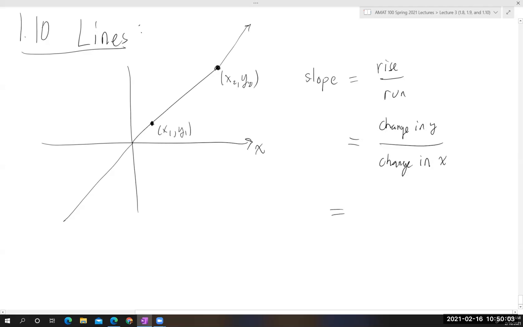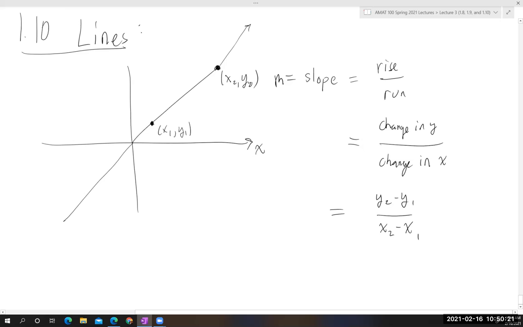We tend to denote the slope as m. The change in y is the difference in the y coordinates of these 2 points over the difference in the x coordinates.